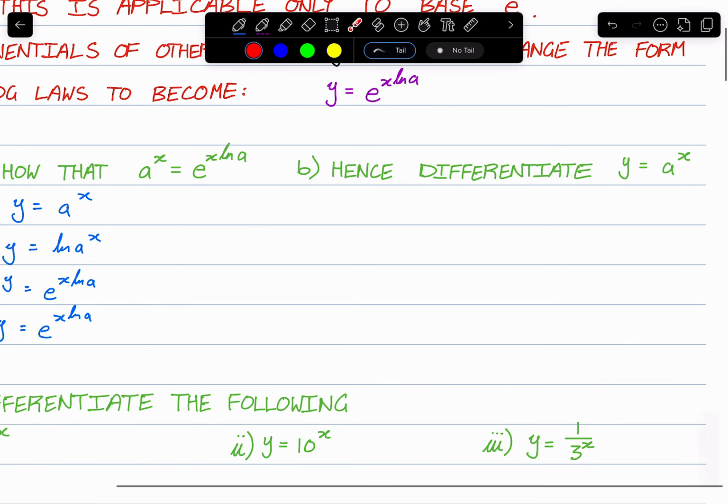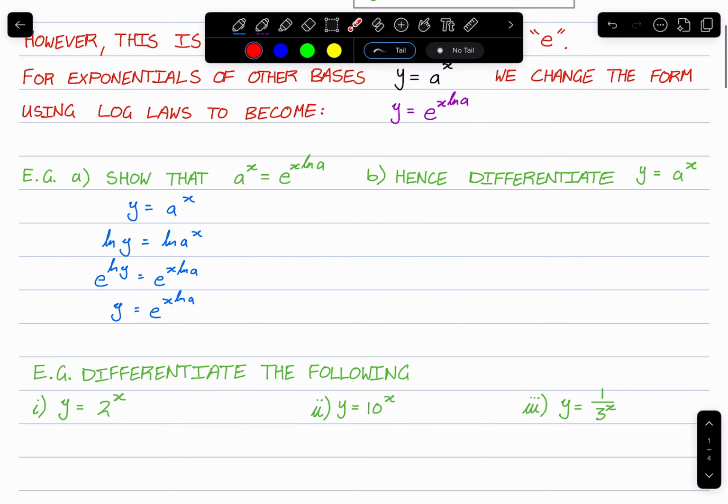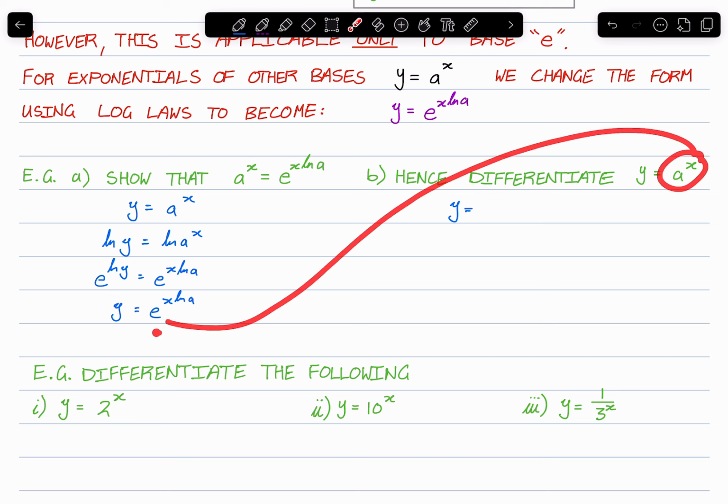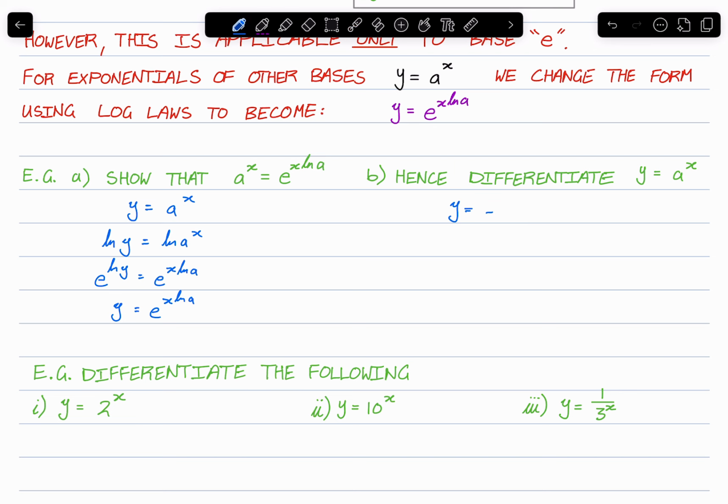And now that we have that, we can see the derivative of this. First we change this back. y equals, as we've seen, this can become this one.